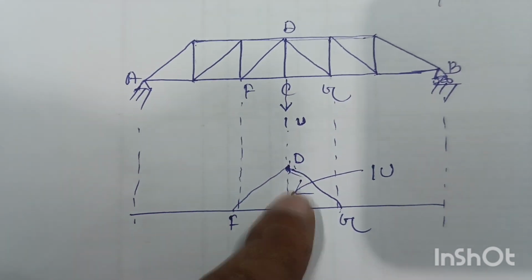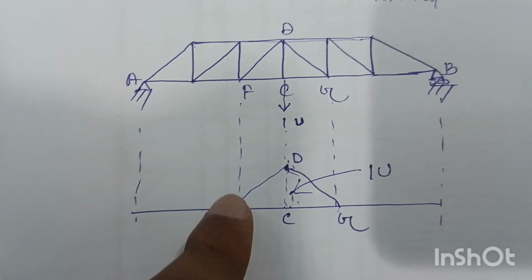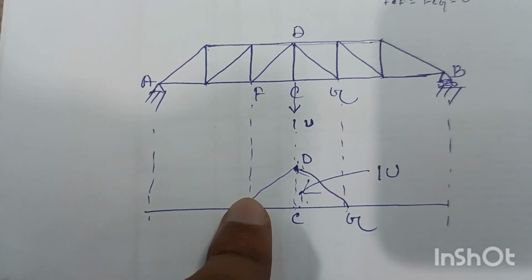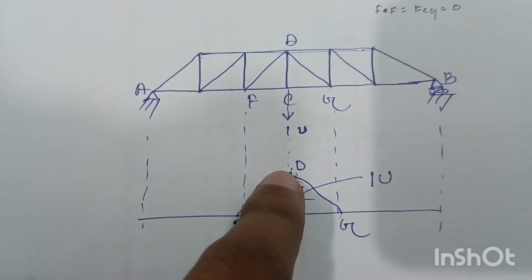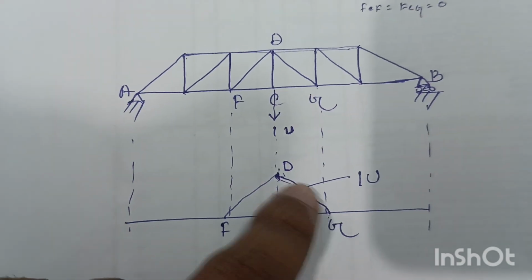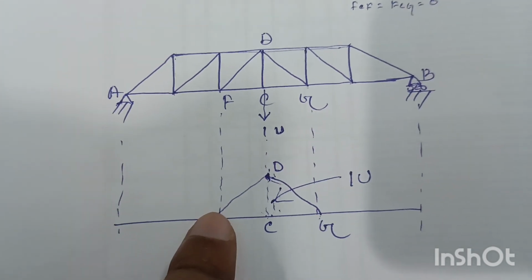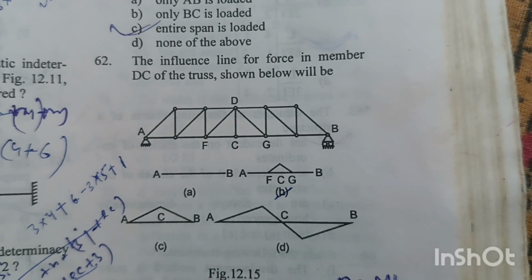The ordinate of the triangle will be 1 unit, because the force in the DC member is 1 unit, and force at this point is 0 and force at this point is 0, and the ordinate of this triangle is 1 unit. So if we connect all the points through straight lines, then we will get this shape. So option B is the right answer.